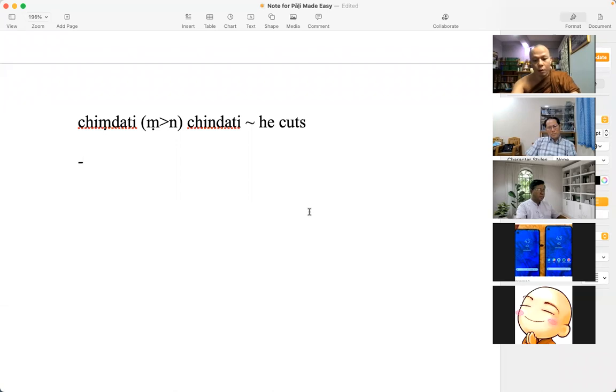So to the root, by adding that conjugation sign, that one we call the base form, or base. And then the second stage, to the base form, by adding the verb termination.